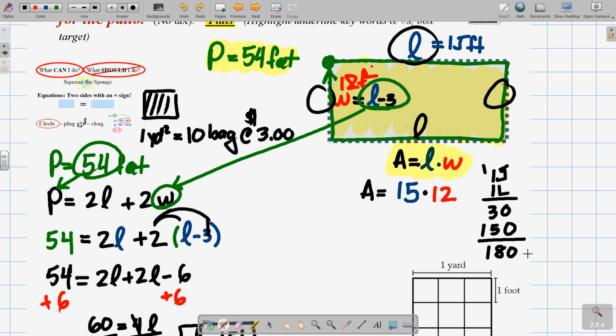And we get 180. So our area is 180 feet squared.